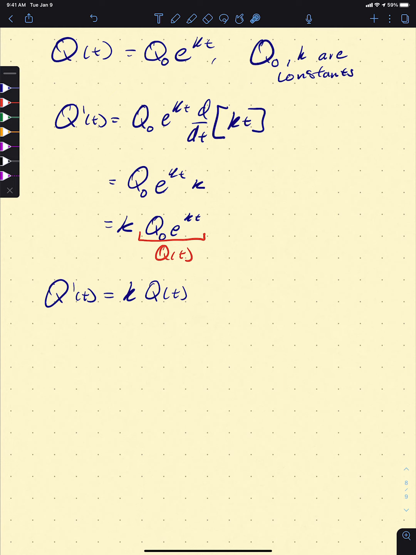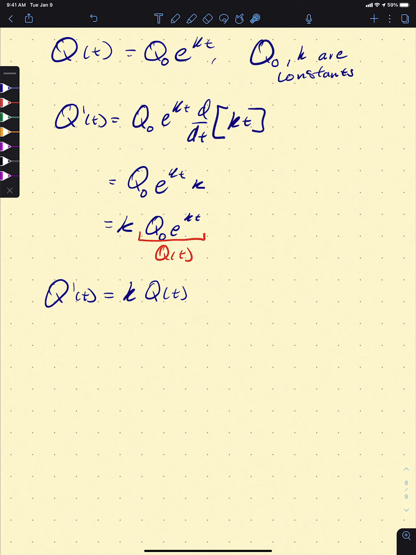And of course, we can do other things with these, right? We can graph them, or we can look for inflection points. So let's find the inflection points of f of x equals e to the minus x squared.